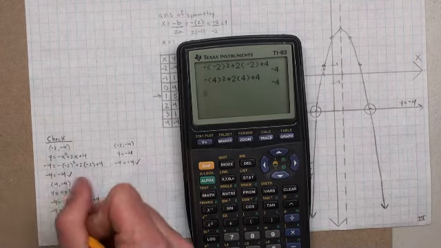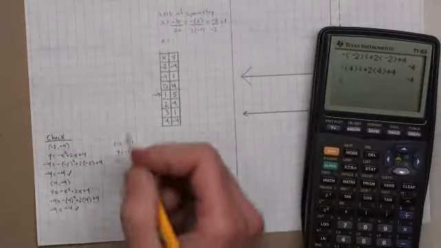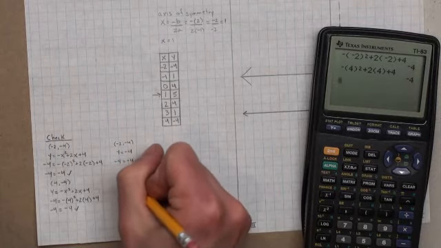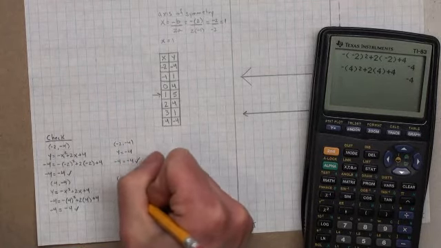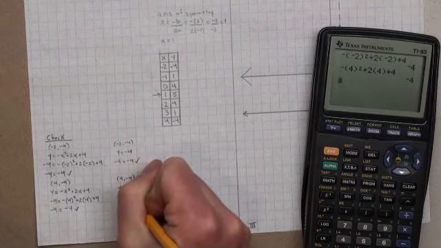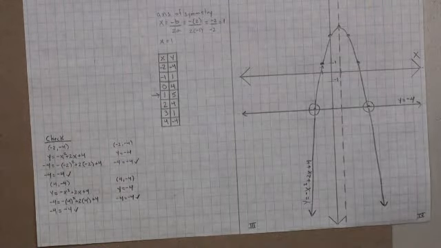And it does. So negative 4 equals negative 4. Check. Now we got to check it on this side. 4 comma negative 4. Our equation is y equals negative 4. Y is negative 4, so negative 4 equals negative 4. Okay, let's clean this up.